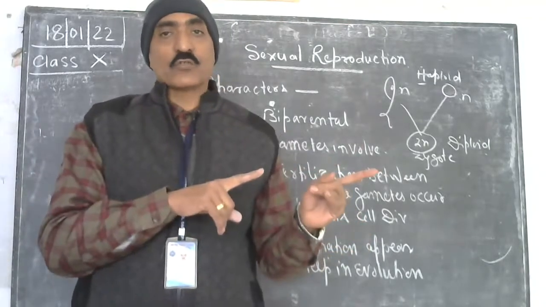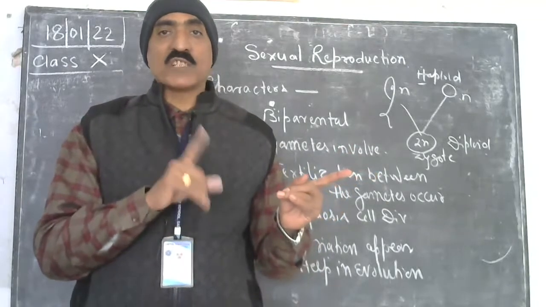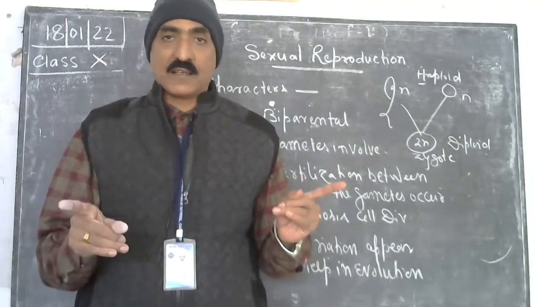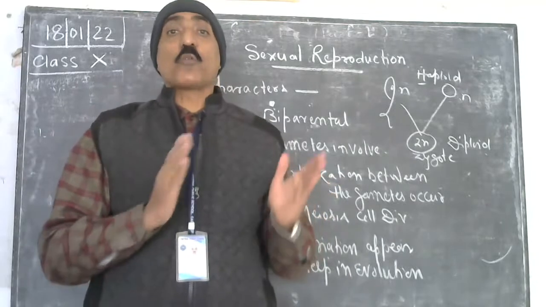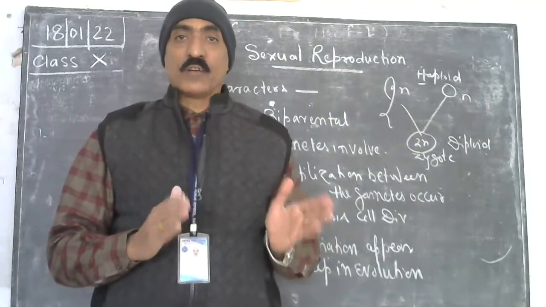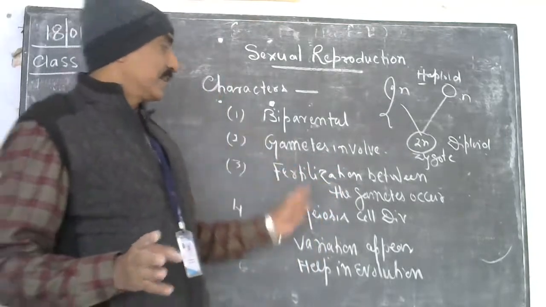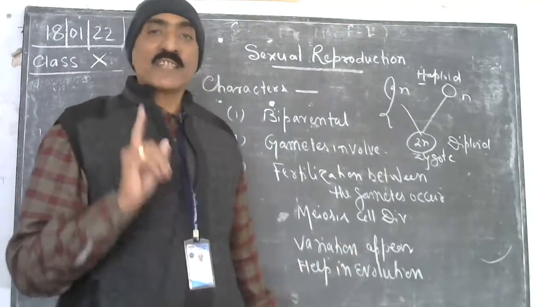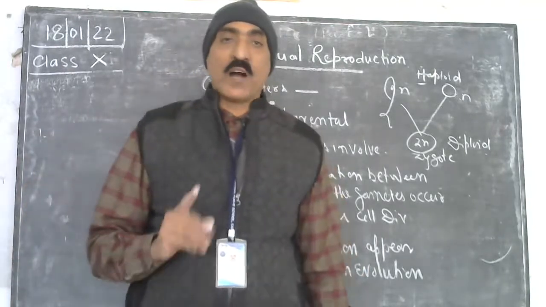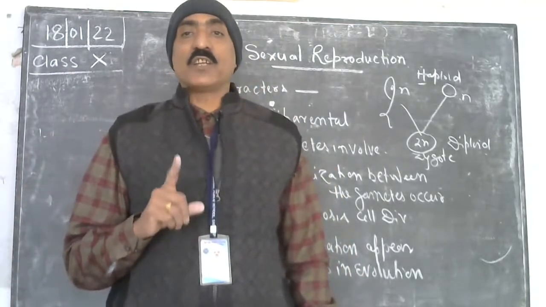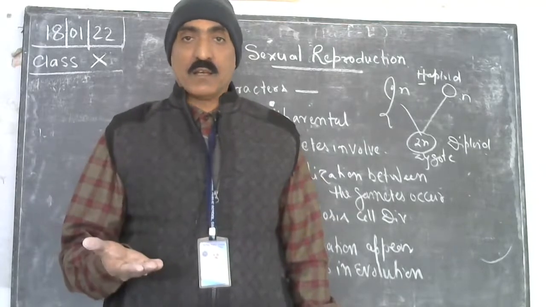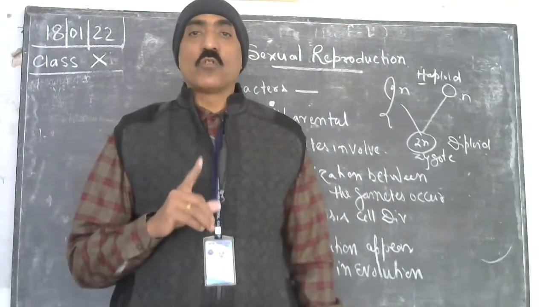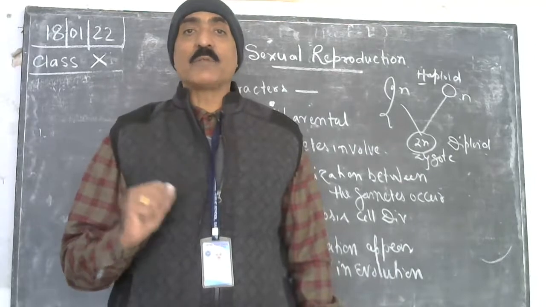So in asexual reproduction, only mitosis cell division occurs. That is also called somatic cell division. But during gamete formation, a very special type of cell division occurs, and that cell division is called meiosis. Meiosis is also known as reductional division.